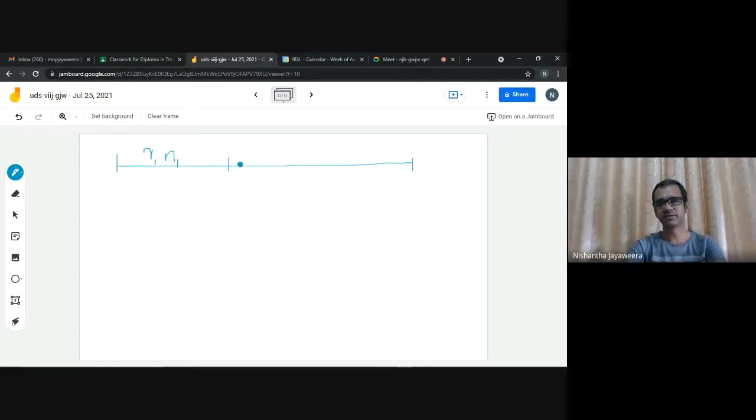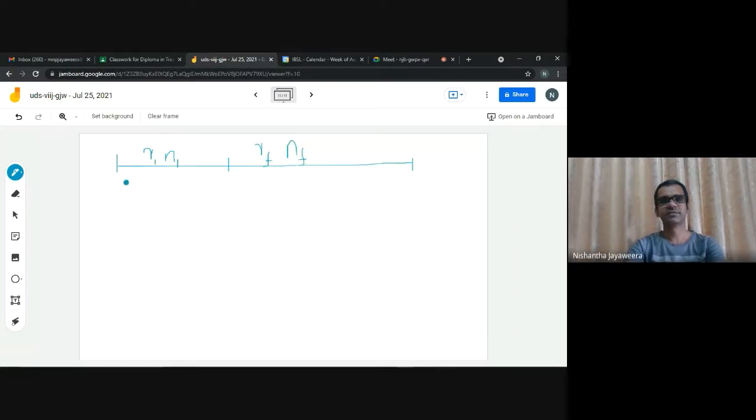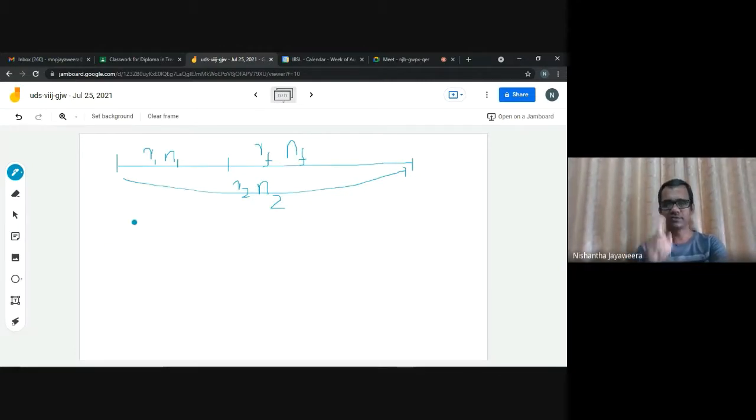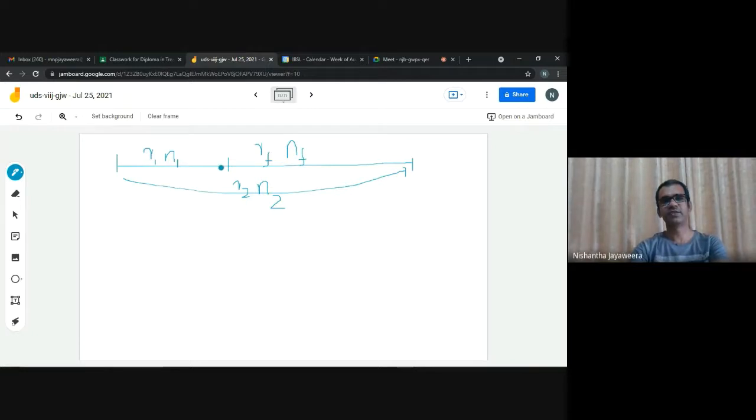Then RF, NF for the whole period, R2, N2. Now tell me, if you invest 1 rupee for the first period, what do you get at the end?